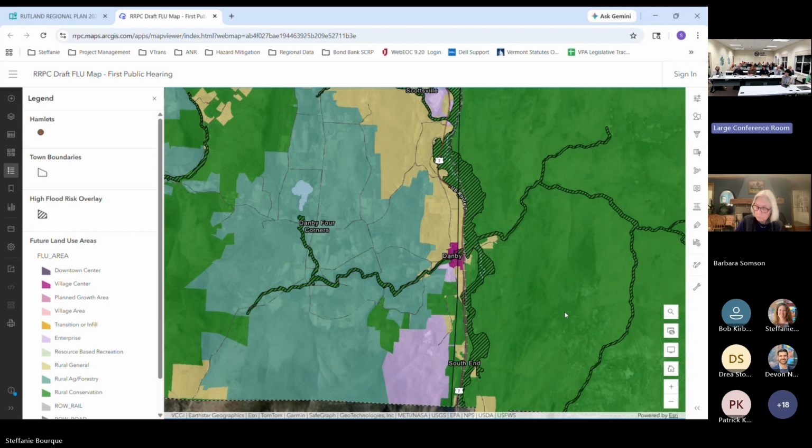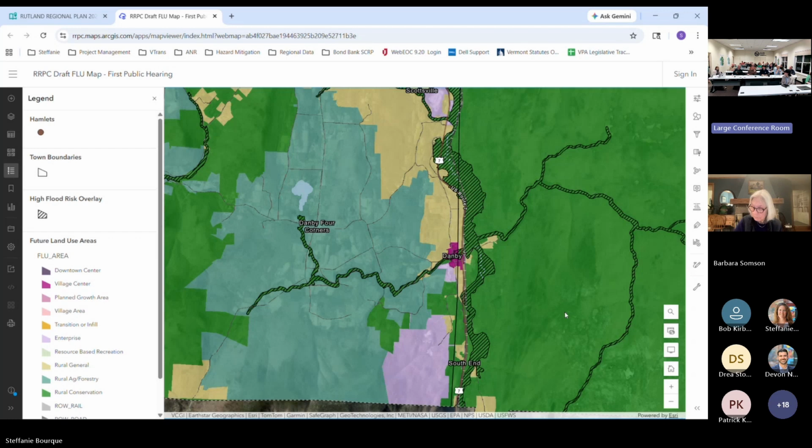Every other color on this map, from enterprise to resource-based recreation to rural general, ag and forestry, or conservation, is treated the exact same way with respect to Act 250. You are going to fall into what we are calling status quo. If you fell into Act 250 before, you're going to fall into Act 250 now, whether you're a 1 acre town or a 10 acre town.